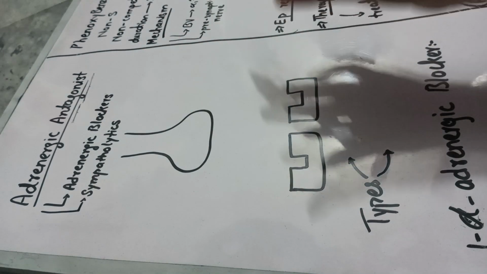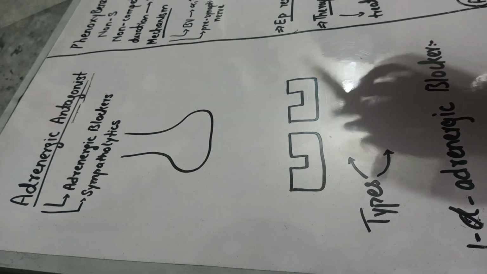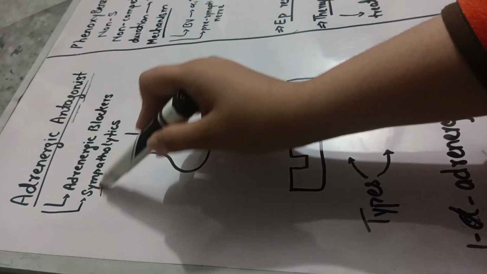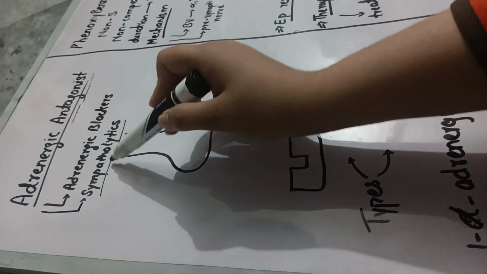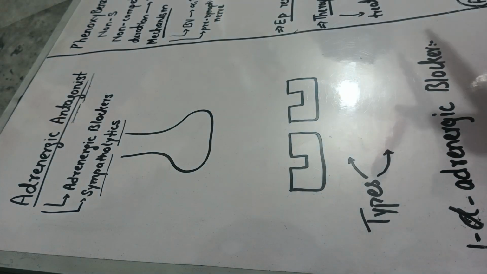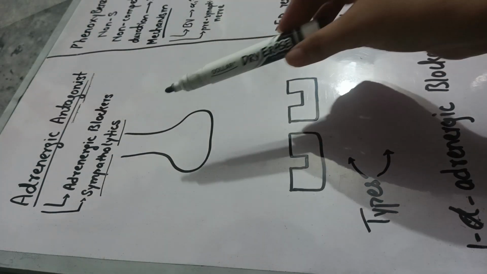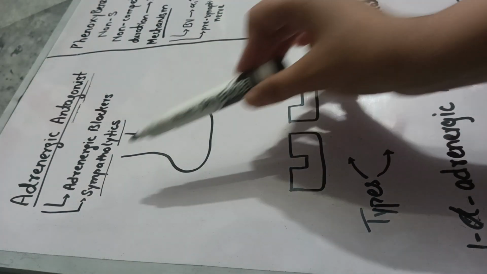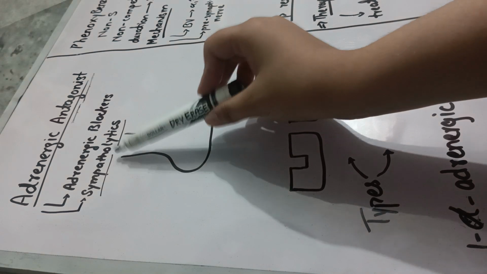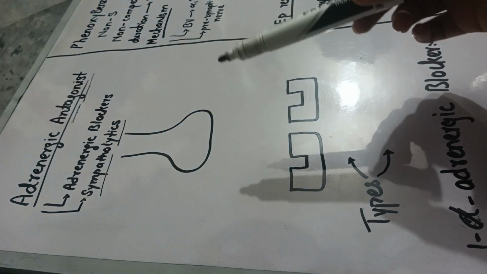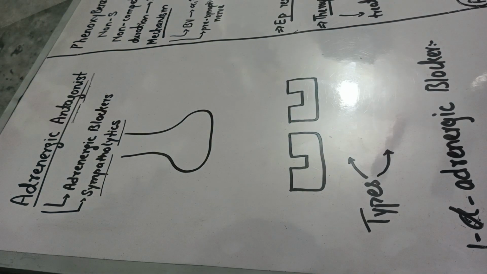So they are blocking the adrenergic receptors, and we can say they are sympatholytic. Sympatho means sympathetic nervous system activity, and lytic means breakdown. So they are actually degrading the activity of the sympathetic nervous system. So what are the activities of the sympathetic nervous system?